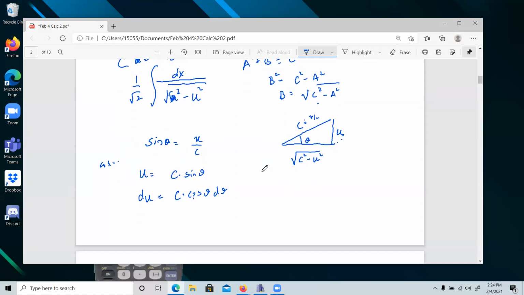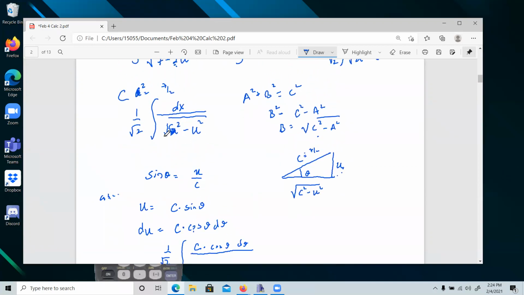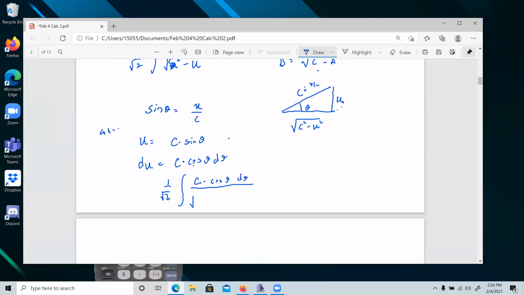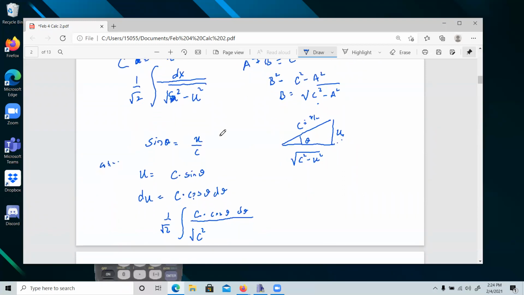So when I go back in, here's my integral. Well, what's my du? It's c times cosine theta d theta. What's this going to be? This is going to be square root of c squared minus c squared sine squared theta, because u is equal to c sine theta.